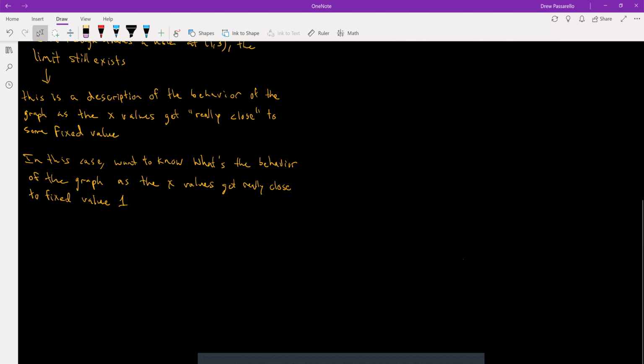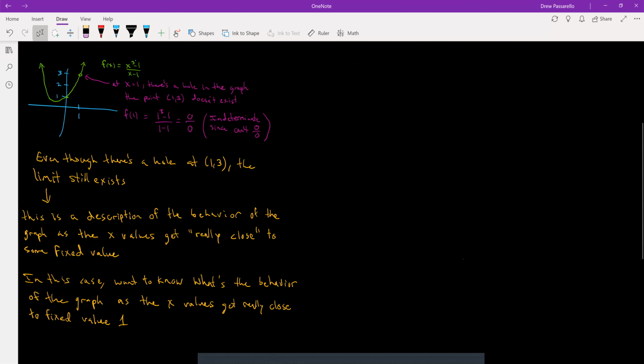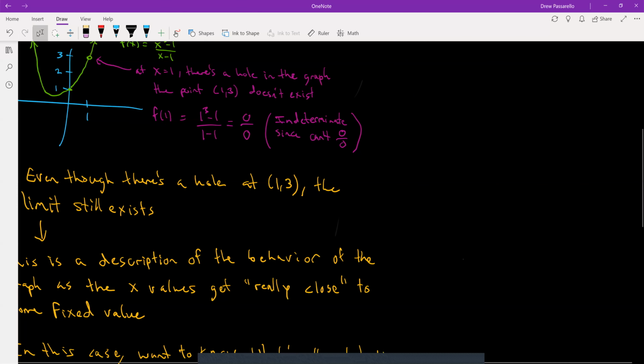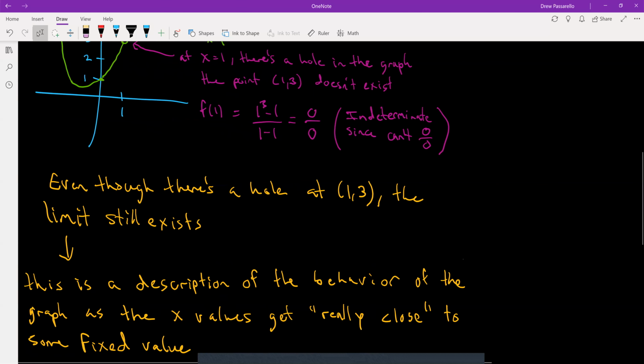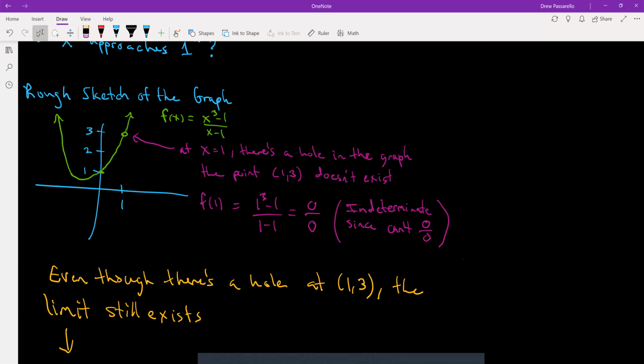So before I move on, I drew the graph of the function in green, and you'll see that there's a hole at the point 1, 3. That means the point does not exist on the graph.